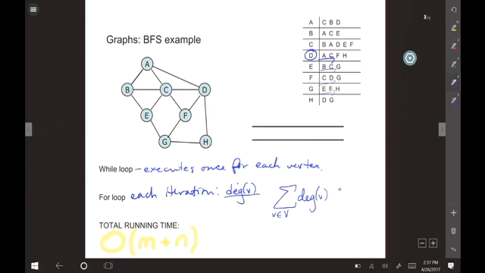All right, what is that? Remember? 2m, right? Effectively, adding up all the degrees over all the vertices is counting the endpoints. You add those all up, it's twice the number of edges. All right, so this is big O of m. Okay, so now, no matter what, this while loop is going to execute n times.